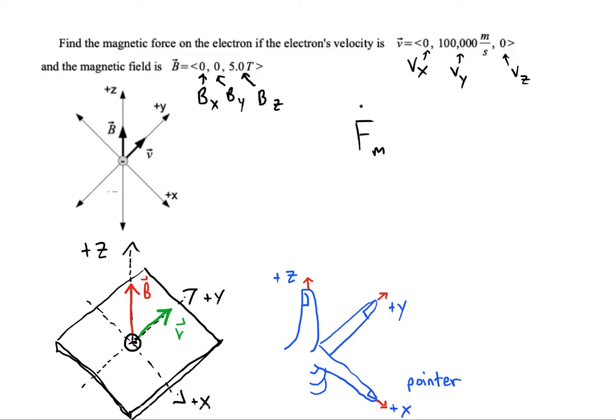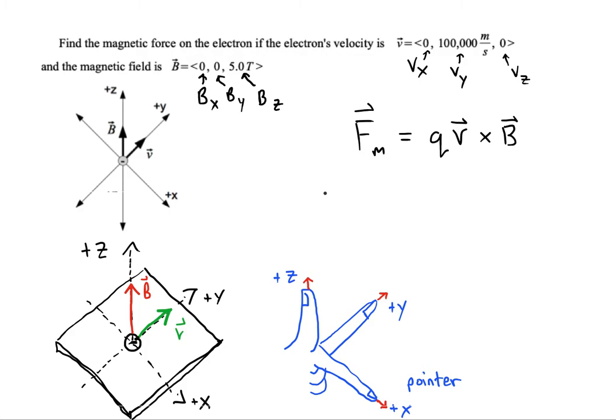It says that the magnetic force on any particle will be Q times V crossed with B. So, with that in mind, we can use the formula for cross product.